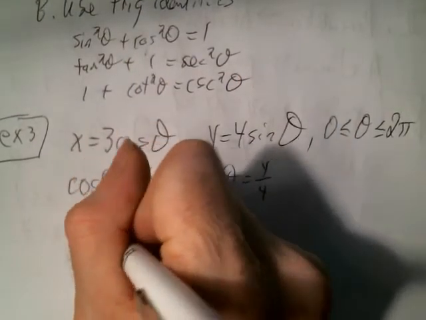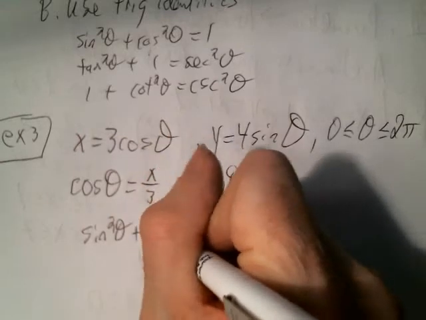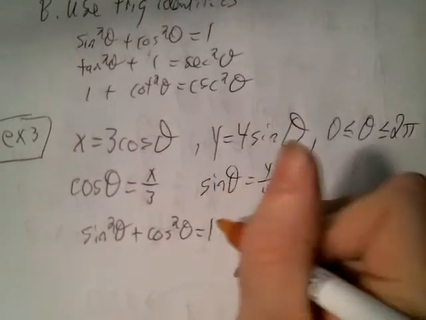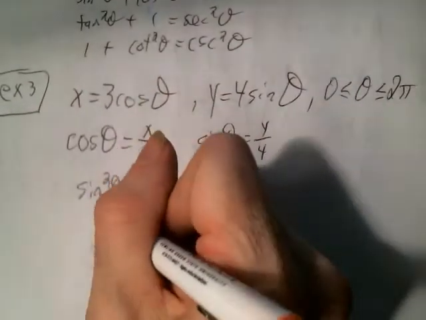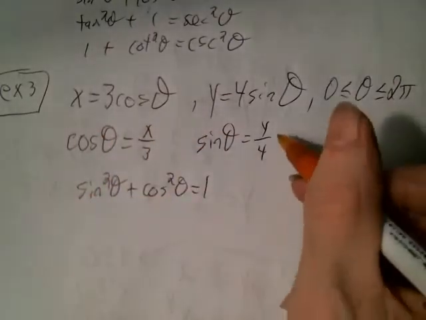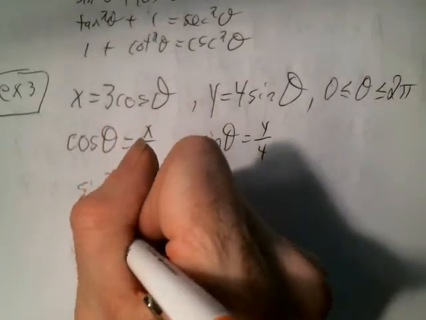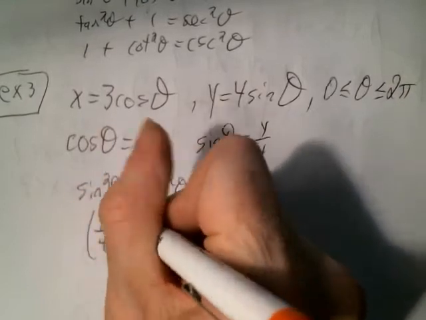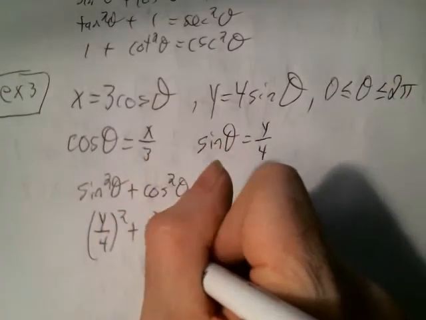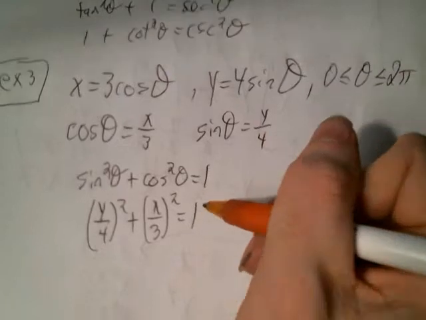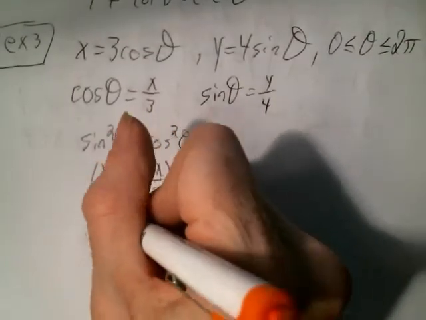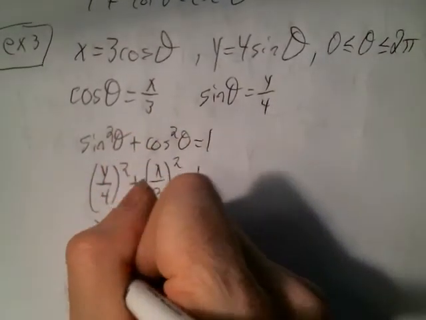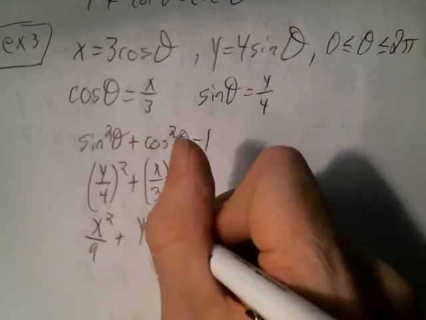So we note sine squared theta plus cosine squared theta is equal to 1. In other words, y over 4 squared plus x over 3 squared is equal to 1. And then we know from the last section what kind of object that is. It's an ellipse.